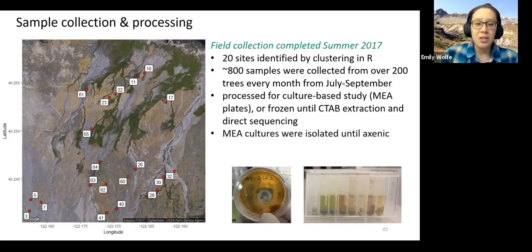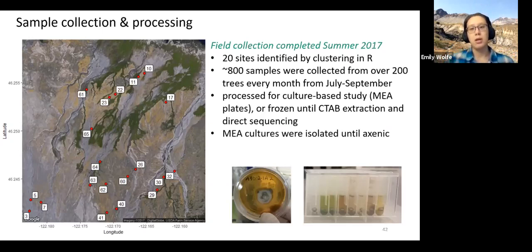Cool. So the MEA cultures were isolated until axenic. In previous studies we've done, typically there have been multiple things isolated per leaf section. These leaves are surface sterilized. I designed a new system where you can sterilize them in bulk using mesh sleeves that look like what you would put baseball cards into, but they're made of mesh.